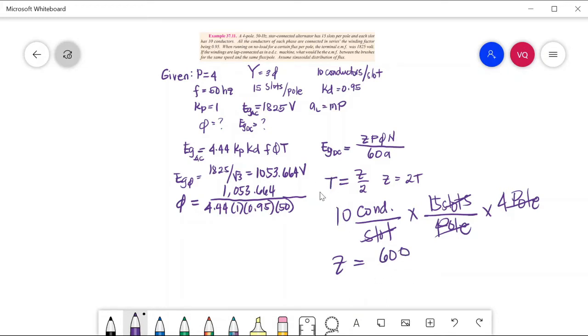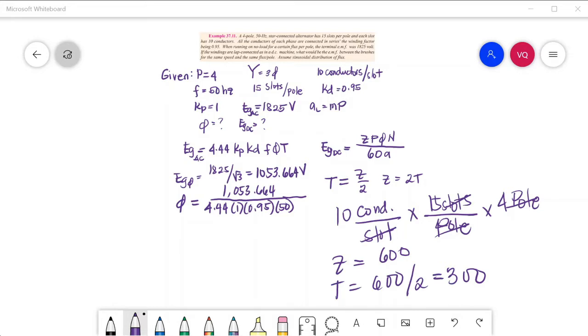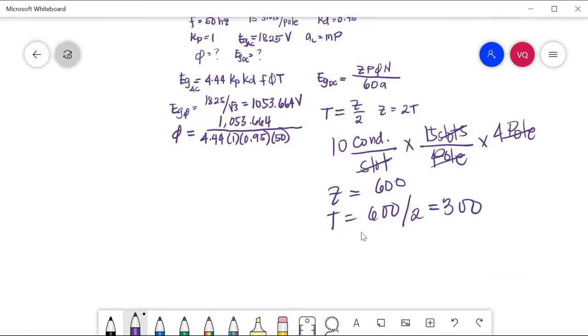What we need is number of turns. So T is equal to 600 divided by 2. That is 300 turns. And for this number of turns, don't forget that these parameters are still 3-phase. What we need is per phase. So we need to get the number of turns per phase. So T is equal to 300 divided by 3 for 3-phase, okay?